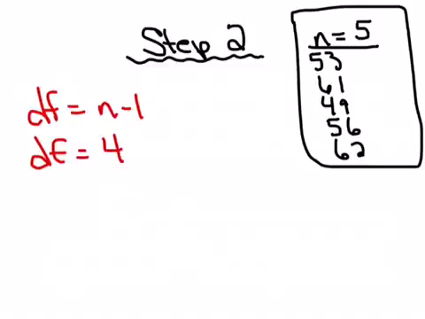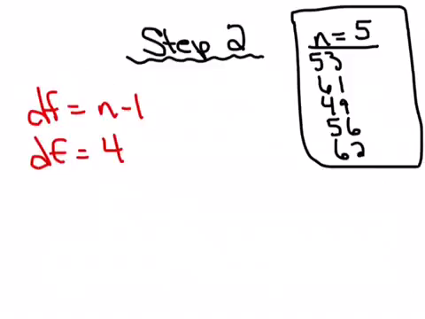We have 5 scores. Here are those original scores. Now we're going to have to look up in our t distribution table, which is at the back of your textbook in table B2, and in that left column that says degrees of freedom, you find the degrees of freedom of 4. Now be very careful. Remember, we have alpha level 0.05 and we're using one tail.